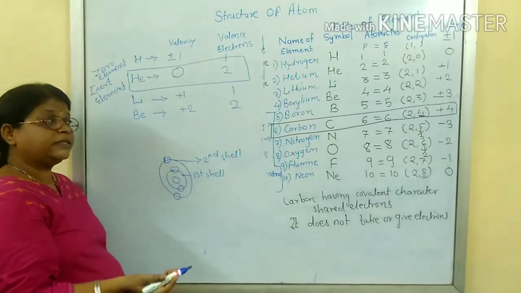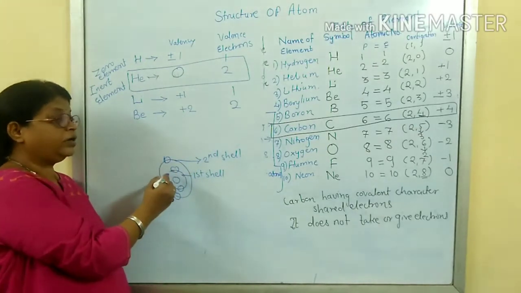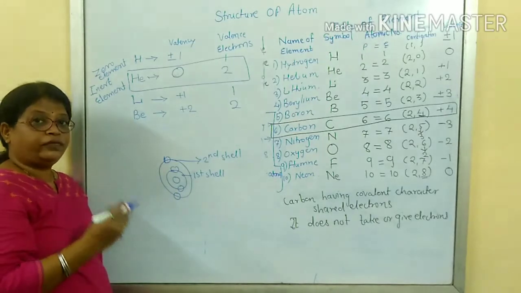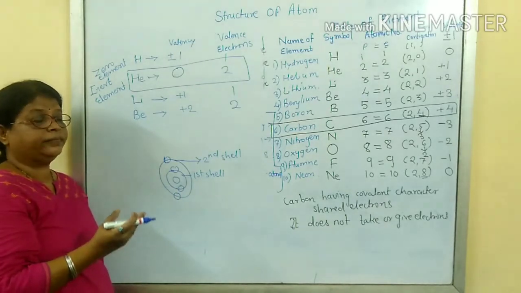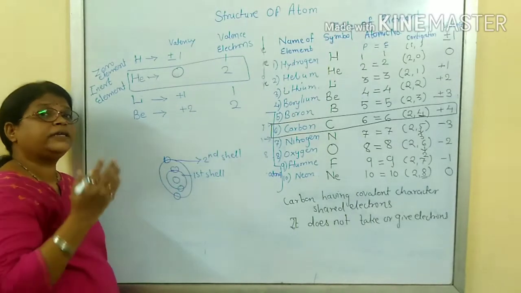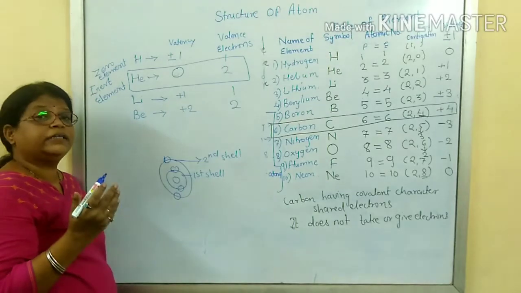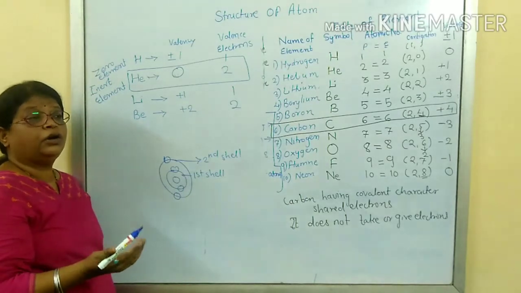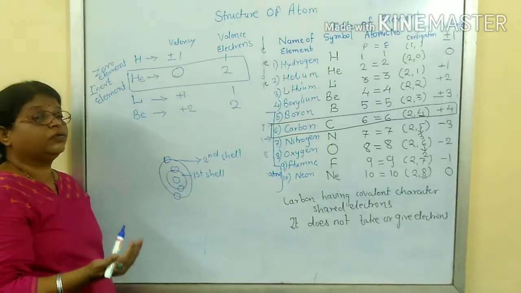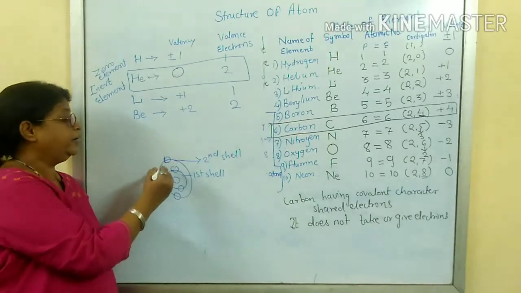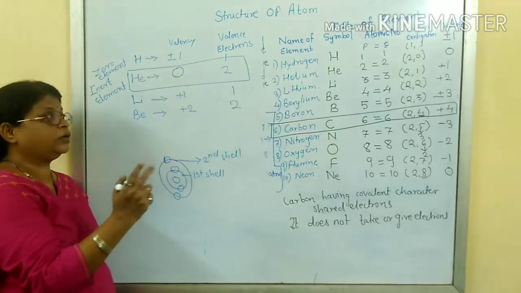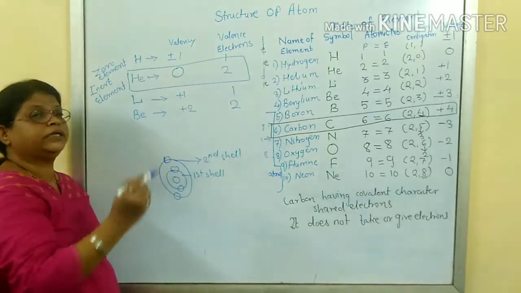And what is the valency? 2. Actually, to fulfill the outermost shell, they require 6 electrons, but it is very difficult to get 6 electrons. So they donate 2 electrons and become plus.